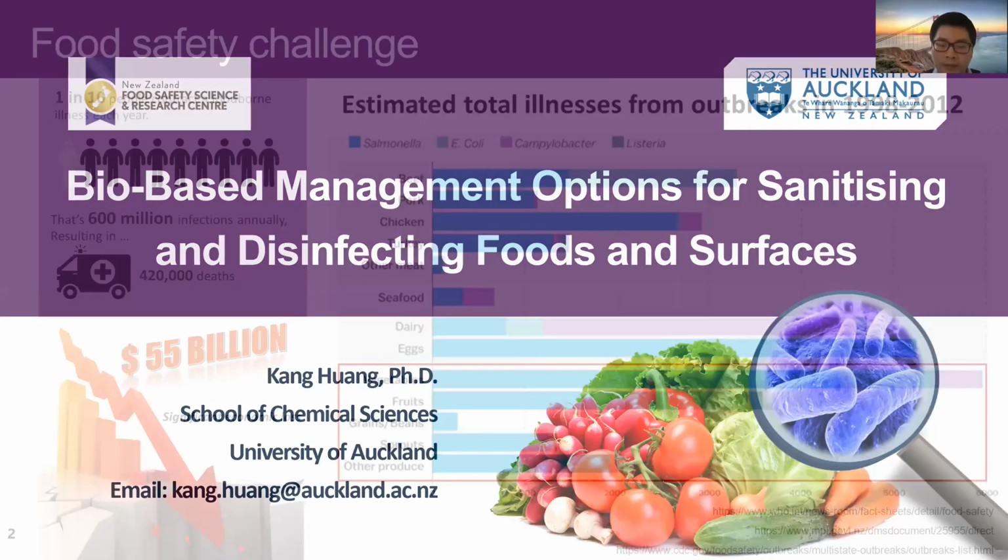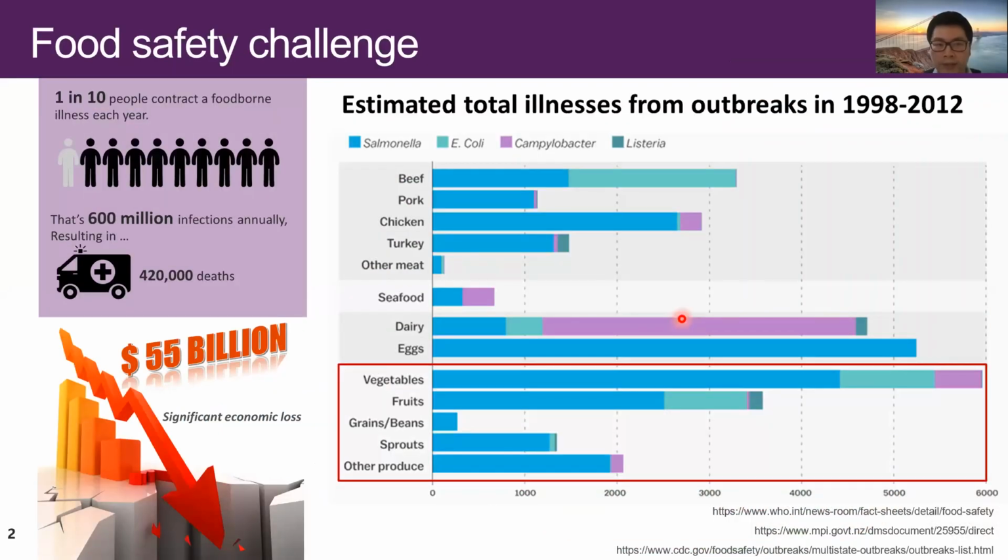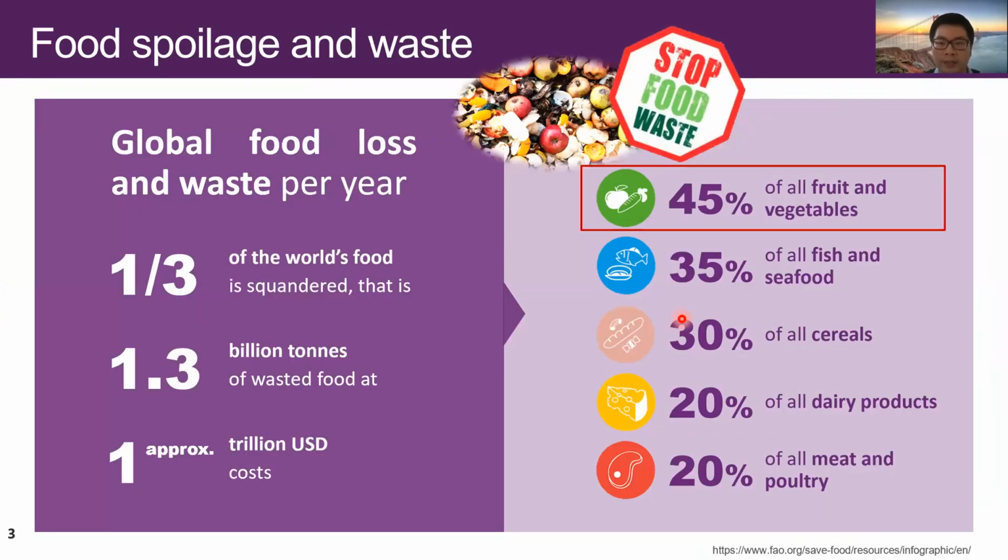I don't want to spend too much time on the risk of food safety issues because I think David has talked a lot about the risk of cross-contaminations, but I just want to emphasize that fresh produce, like vegetables and fruit products, have a higher risk of cross-contamination than any other food categories. And also, every year we waste more fruits and vegetables as compared to other categories of food product.